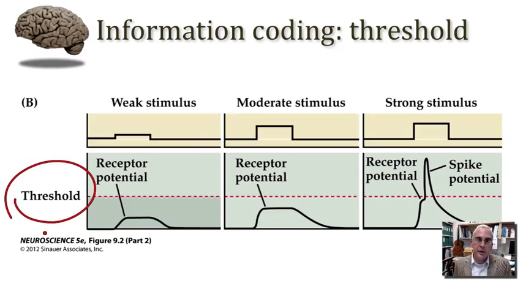So sensory thresholds can be an interesting way that the nervous system can use to be sensitive to the right kind of information in just the right sort of way.